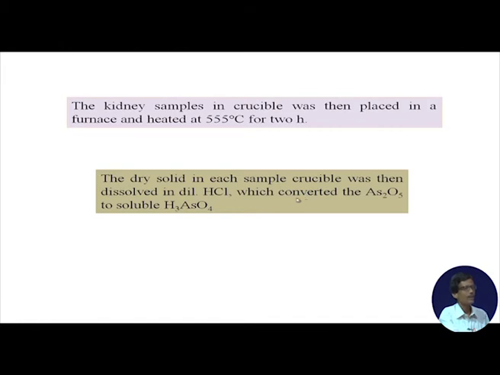Try to keep in mind the chemical changes taking place. We had the disodium salt of arsenic acid, and we have now converted it, and we now have H3AsO4, which is coming from the kidney sample of the dead deer.